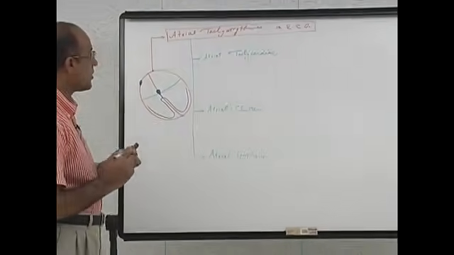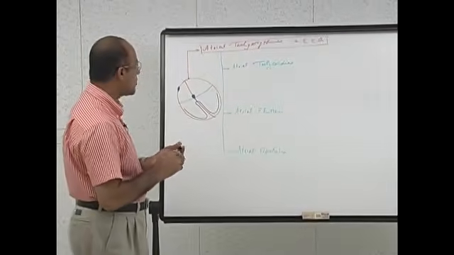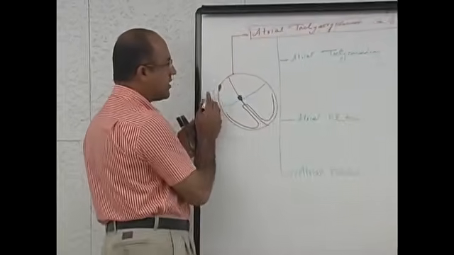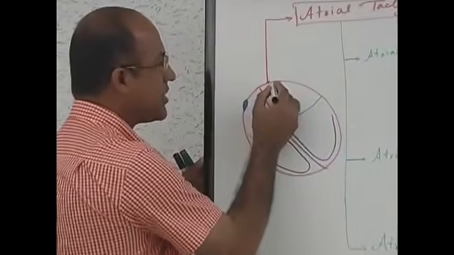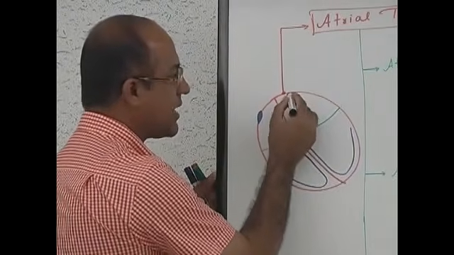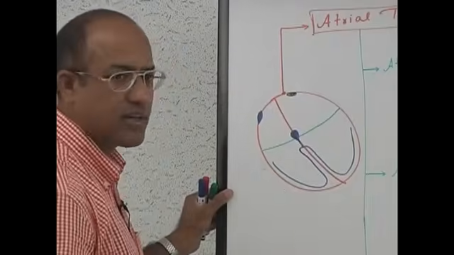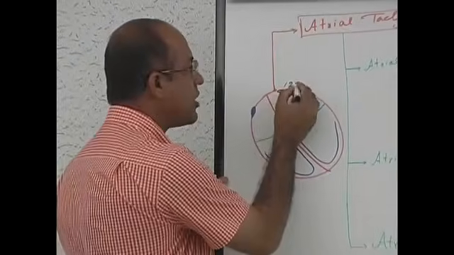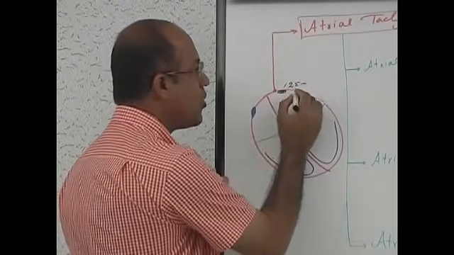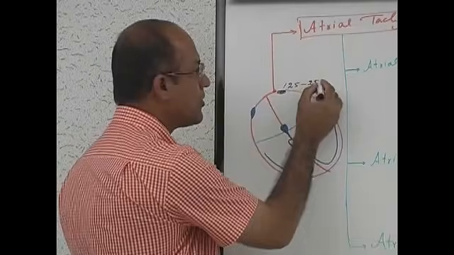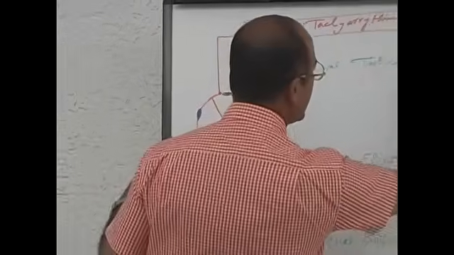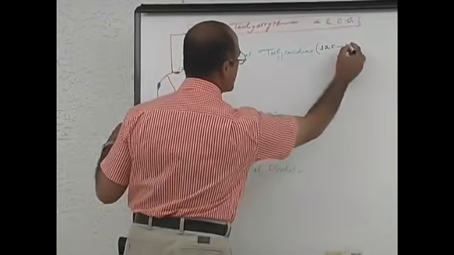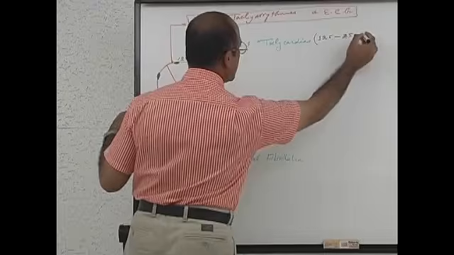Now, in atrial tachycardia, the atria act as the pacemaker and produce electrical activity at a rate somewhere between 120 to 250 per minute.